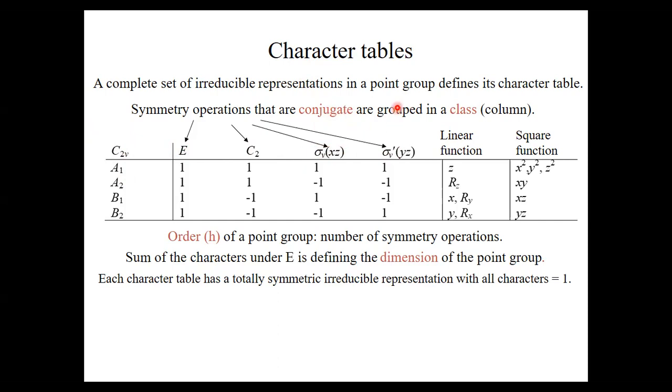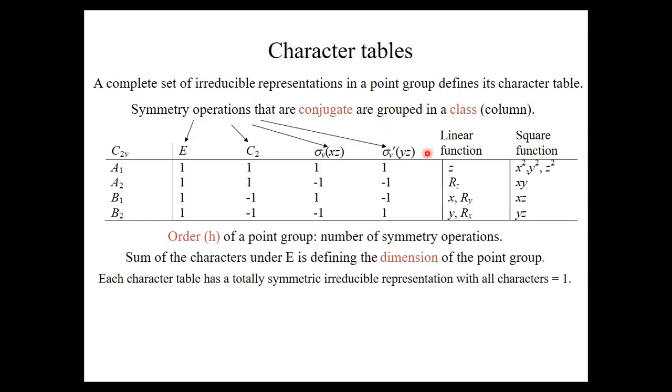Symmetry operations that are not conjugate, they are grouped into different columns. So for instance, the two mirror planes in the water molecule, they are not conjugate. They are distinguished by primes, and therefore they're getting different columns. If they were conjugate, they would be in the same column.